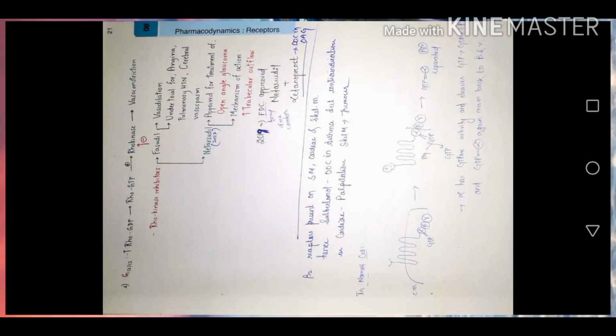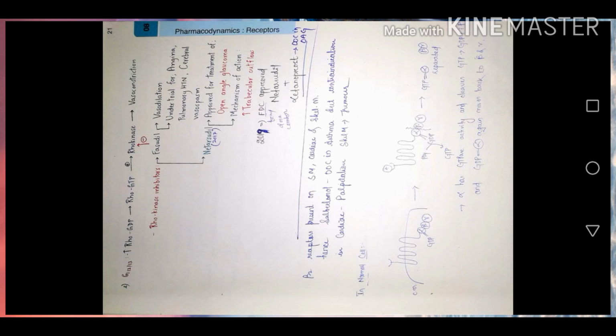Now coming to the final receptor of this GPCR, that is G12 or 13 receptor. When you stimulate this receptor, it causes an increase in Rho GTP, which then activates the enzyme Rho kinase, which causes the vasoconstriction. So to prevent this vasoconstriction, Rho kinase inhibitors are being developed.